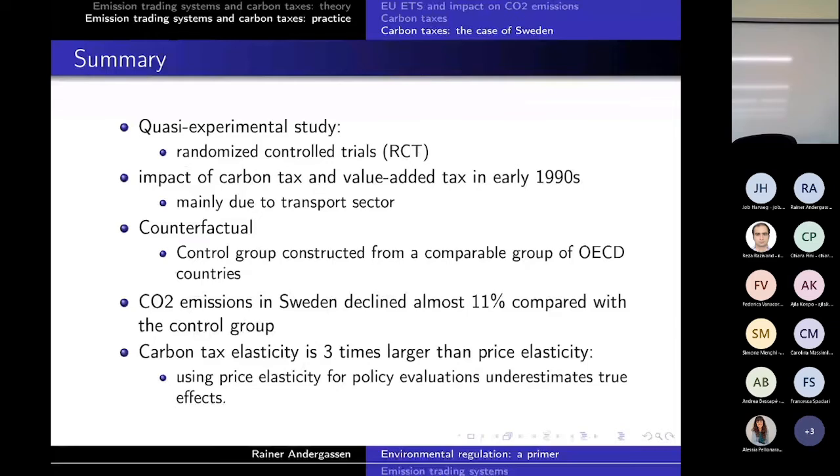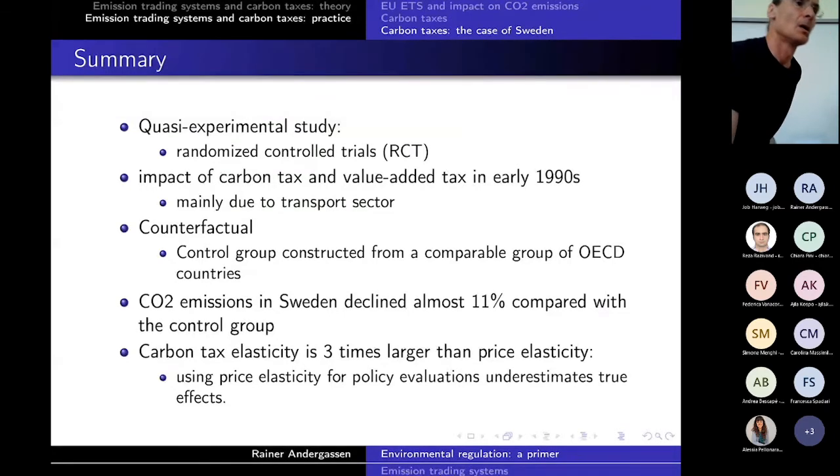What the authors call synthetic Sweden is constructed, and then they compare what happened to Sweden with this artificial counterfactual. So it's not a real counterfactual; it's a constructed one, an artificial one. And what the authors found are these two main results.